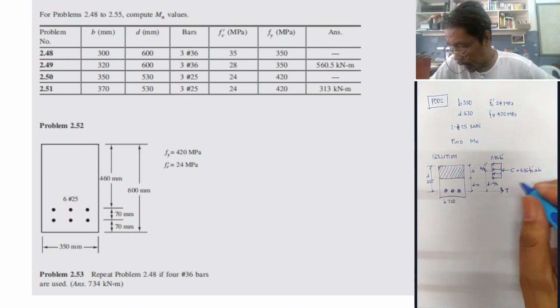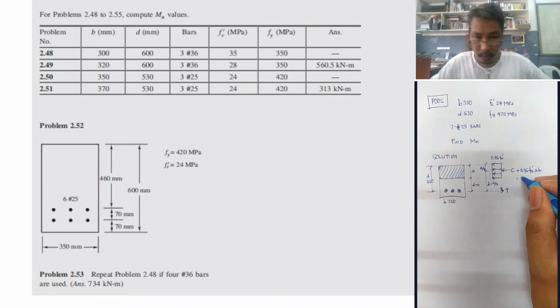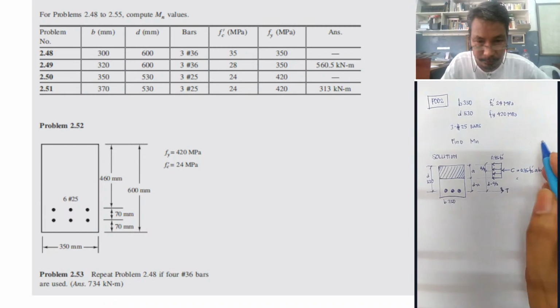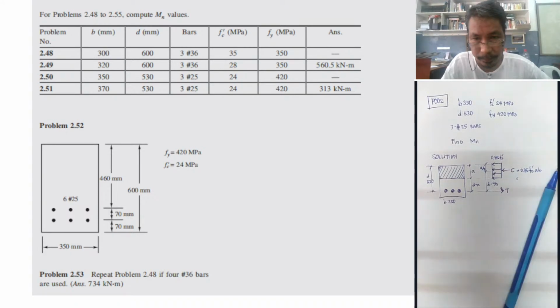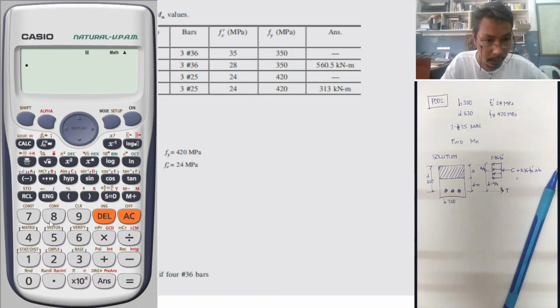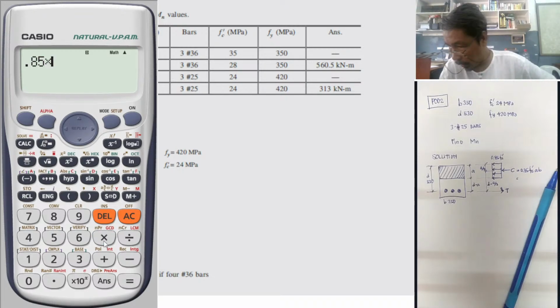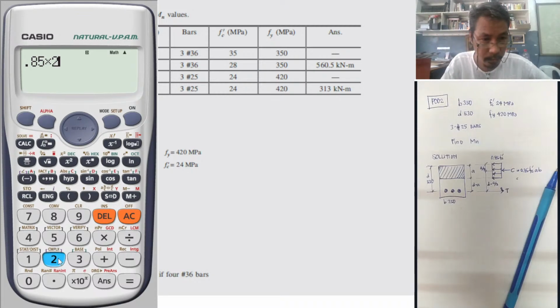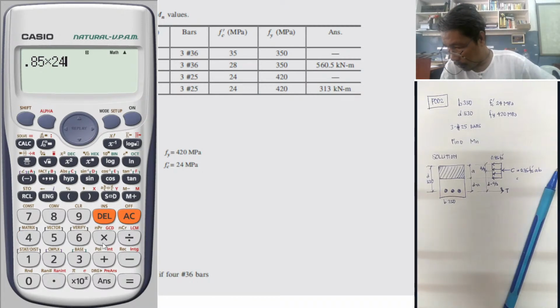So let us use calculator to compute 0.85 times FC prime, given to be 24, times B, which is 350.